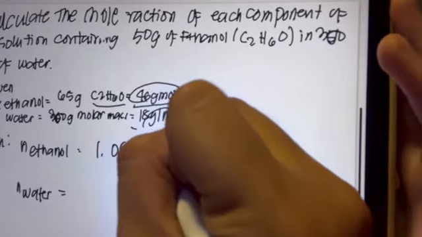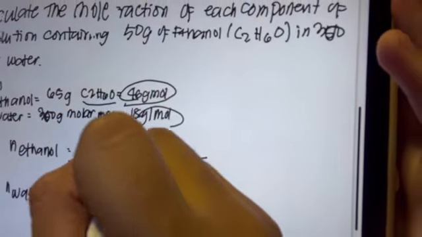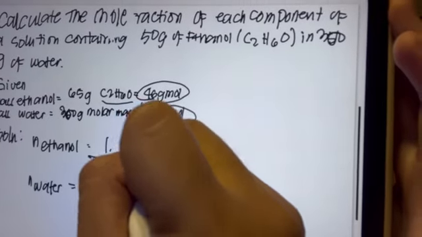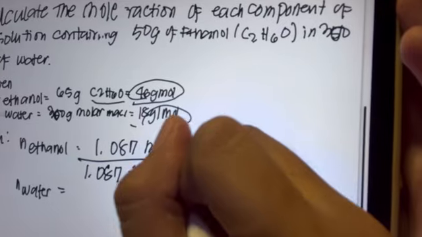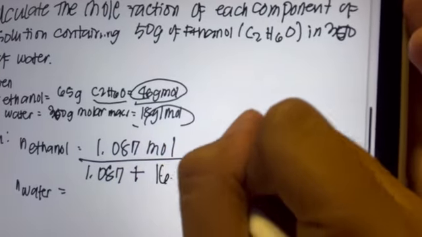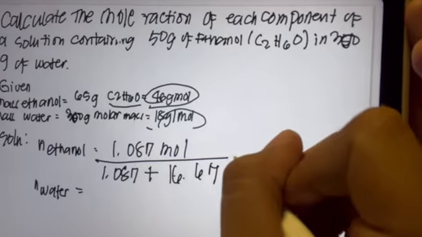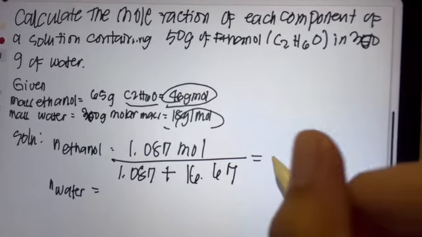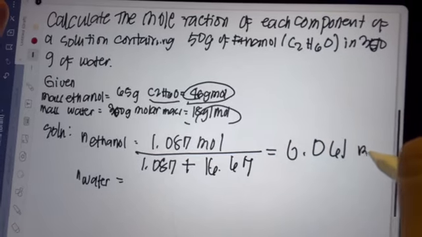We will divide the 1.087 mole by 1.087 plus 16.67. The solution for ethanol is equal to 0.061 mole.